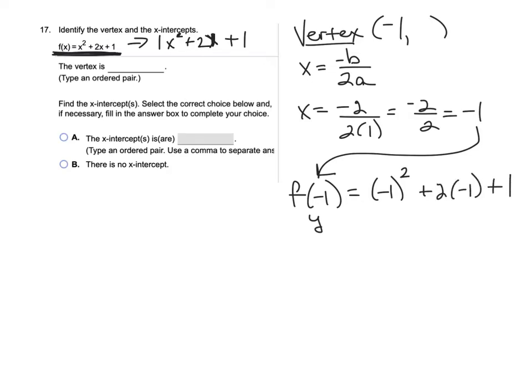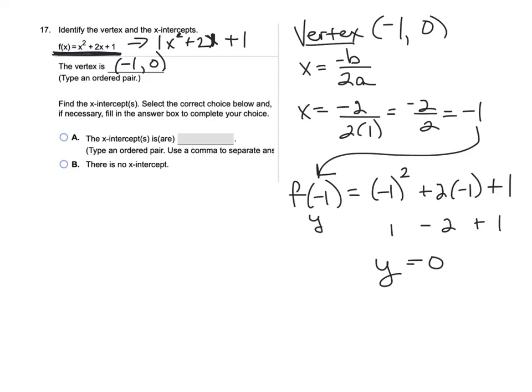See, I'm just plugging it into the function. That gives me 1. And 2 times negative 1 is minus 2. So we have 2 minus 2 is 0. I get y equals 0. All right, so what are we looking for? My vertex is negative 1, and my y was 0. It's my vertex.